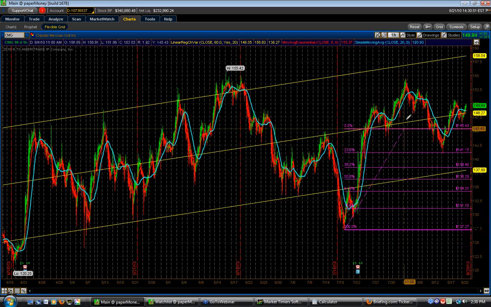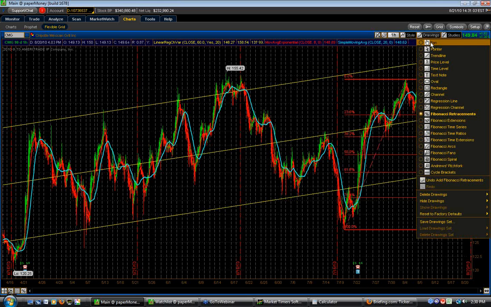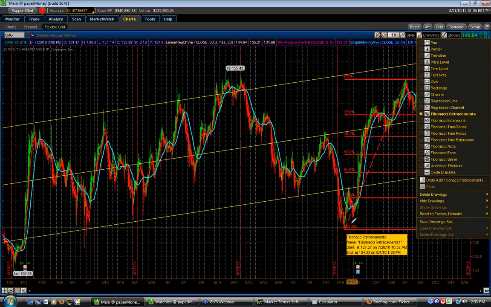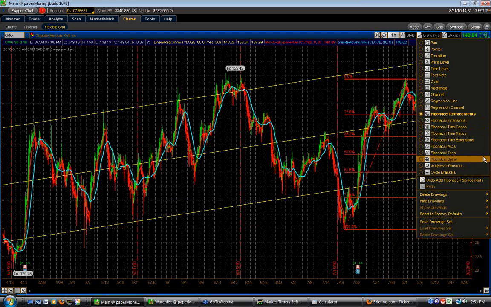Take it up to its high. Okay. And I did that right here, Fibonacci retracement. Take it from the low, the last low that you see, last high that you see. Just let go. That's all you got to do. It'll figure it all out.